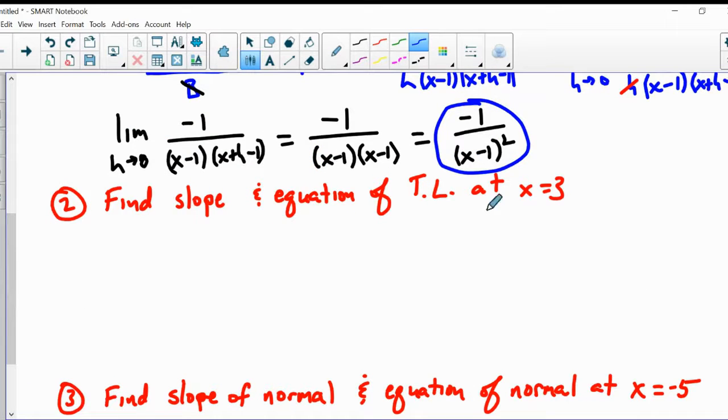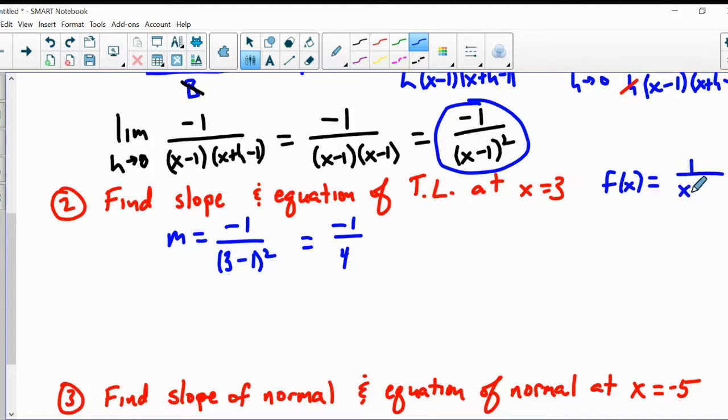Now I'm going to find the slope and the equation of the tangent line at x equals 3. So my slope is negative 1 over 3 minus 1 squared. I just sub 3 in. So I get negative 1 over 2 squared, which is negative 1/4. The other thing I have to remember is that f of x is 1 over x minus 1.